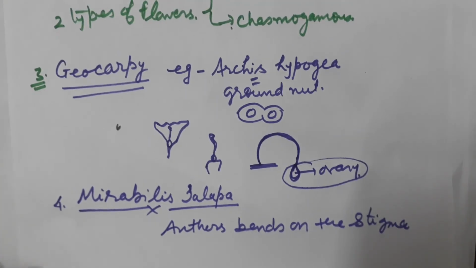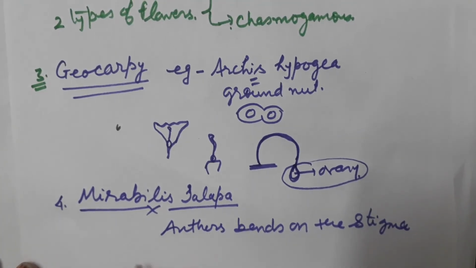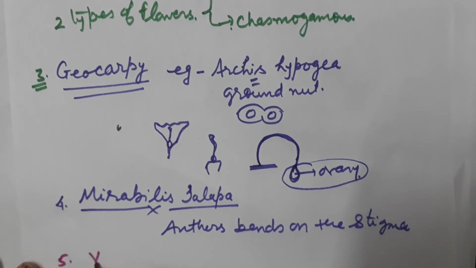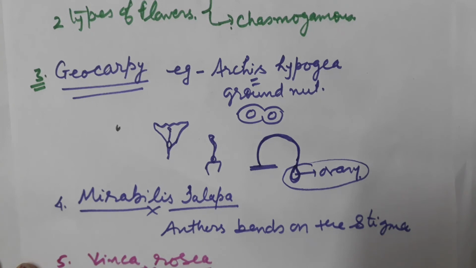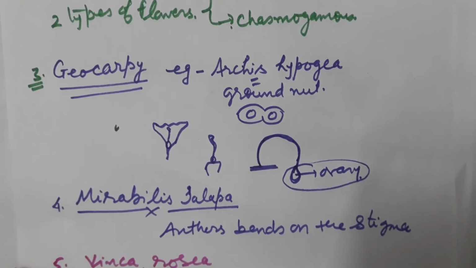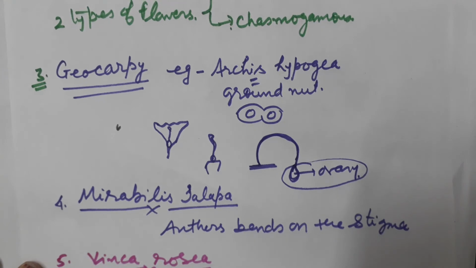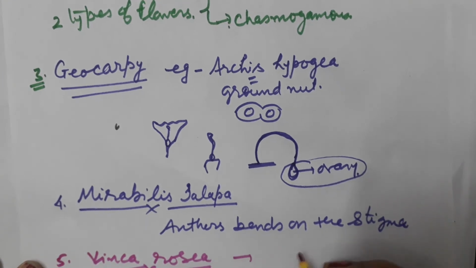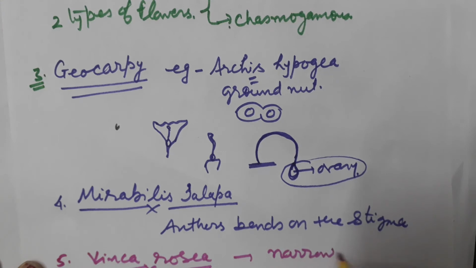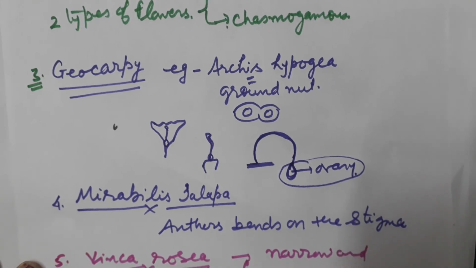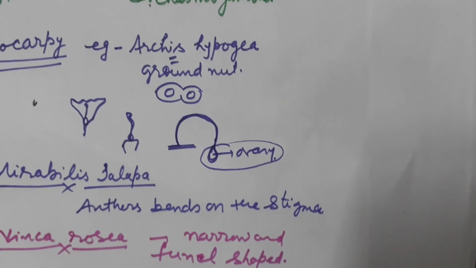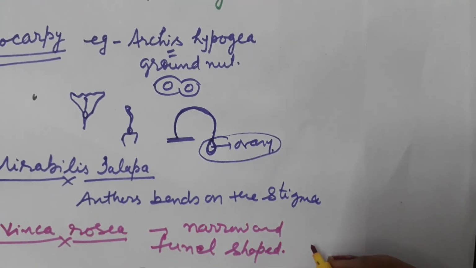Next, we observe self-pollination in case of Vinca rosea. What we observe in case of Vinca rosea is that the flower is narrow and funnel shaped. I will draw the diagram of Vinca rosea here.